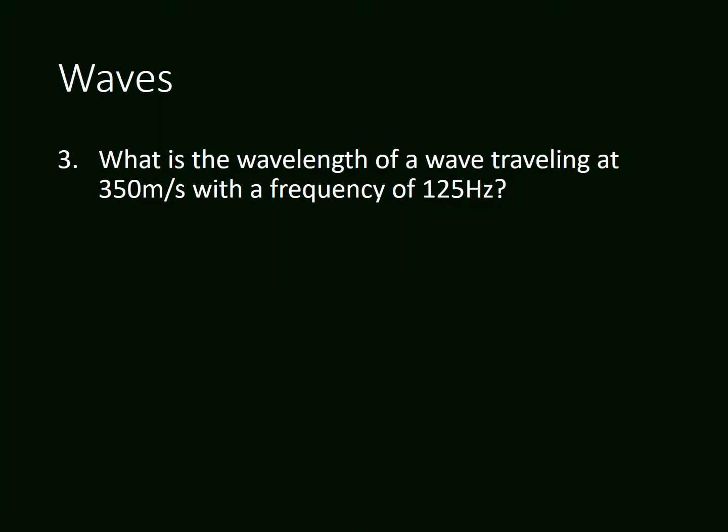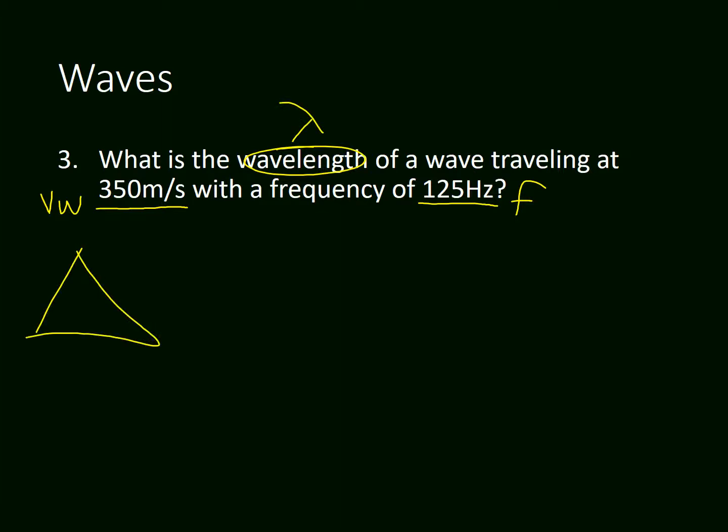Last one, what is the wavelength of a wave traveling at 350 meters per second with a frequency of 125 hertz? Again, as we identify here, 350 meters per second is a velocity, 125 hertz is a frequency, and we're being asked to solve for wavelength. Again, step 2, we're going to either use our formula or our triangle to figure out our formula.